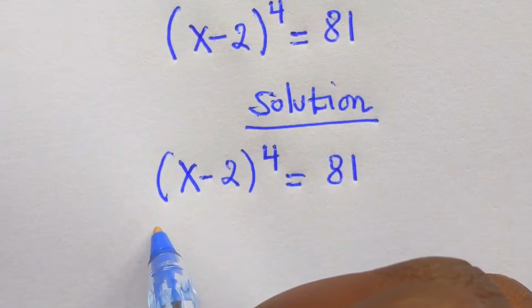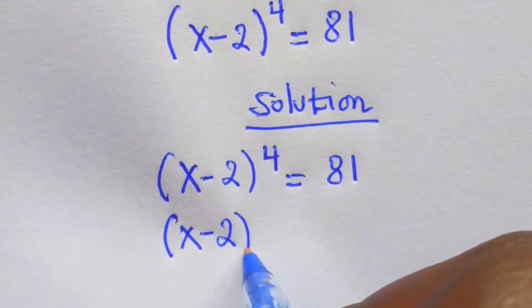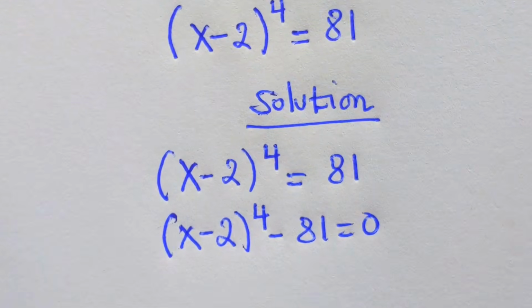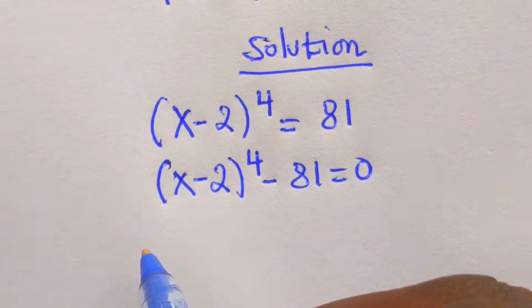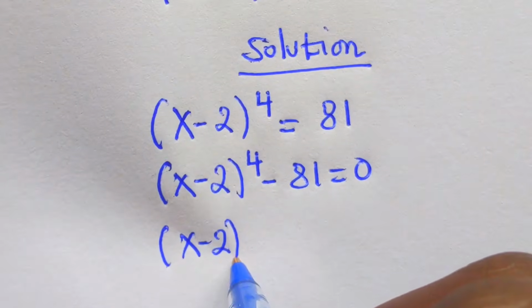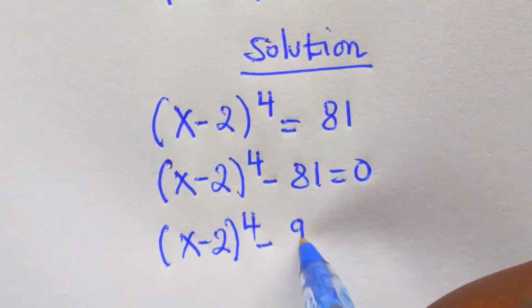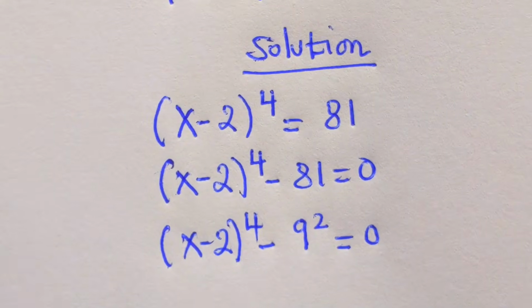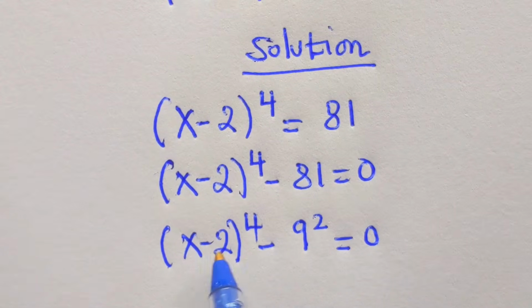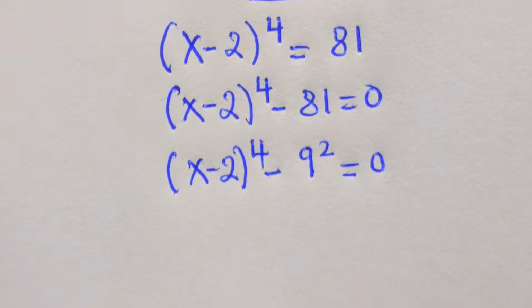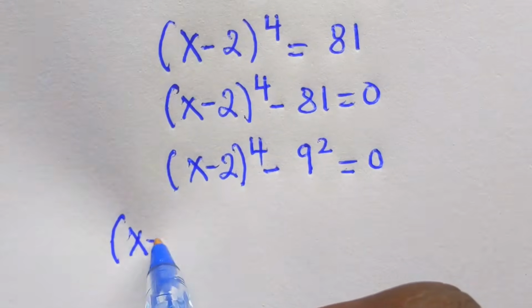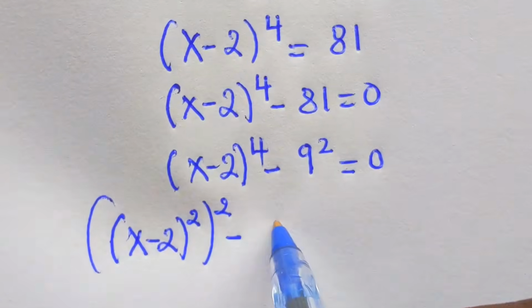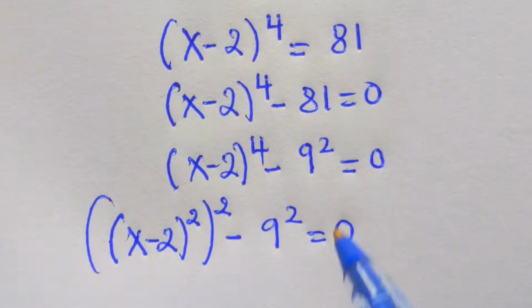Here we can write this as (x - 2)^4 - 81 = 0, and of course (x - 2)^4 - 9^2 = 0. It is easy to change this into a difference of two squares, so we get ((x - 2)^2)^2 - 9^2 = 0.